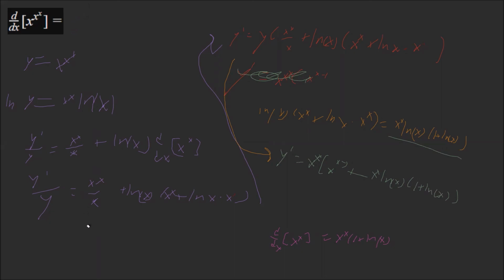Now, I have not actually looked at any other processes of finding the derivative of x to the power of x to the power of x. I did come up with one, a separate process. There are so many ways to differentiate this function. But my point being is that I don't know if this is the most efficient method. This is the correct answer because after I was done, I looked at the correct answer and ours matched.